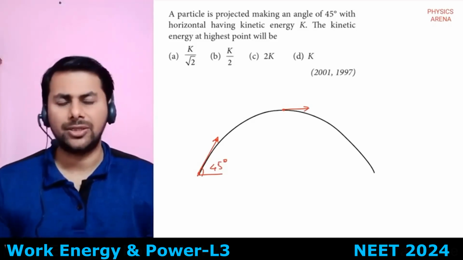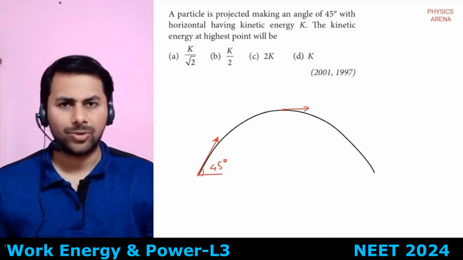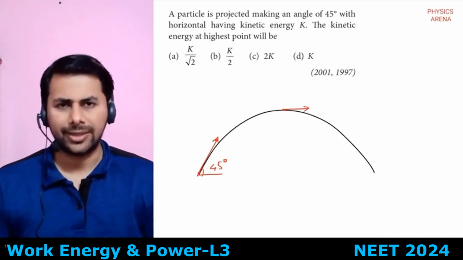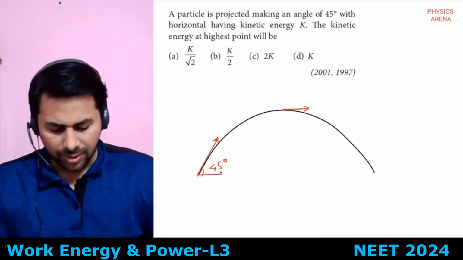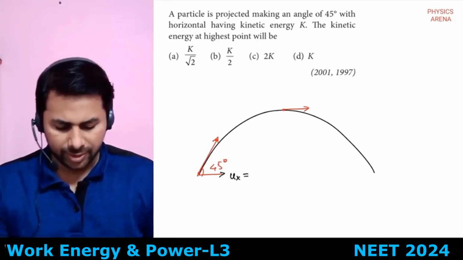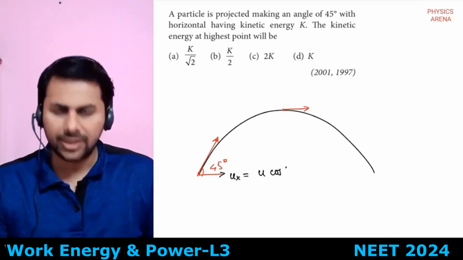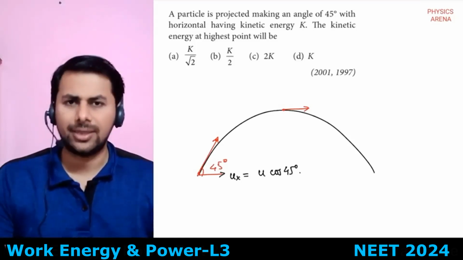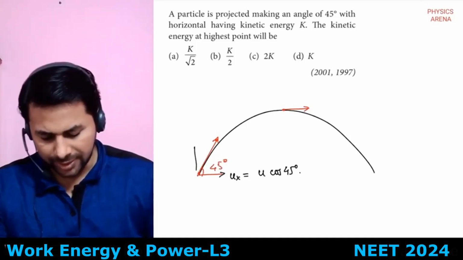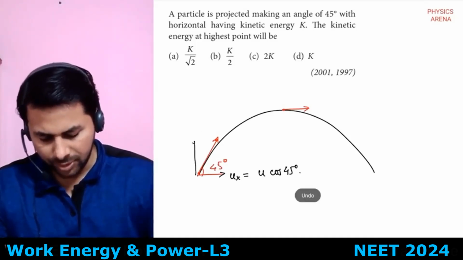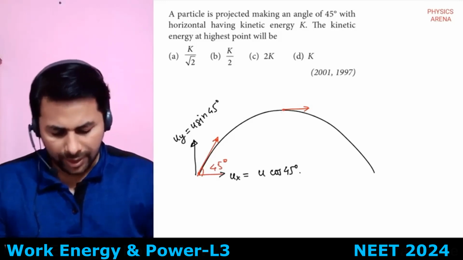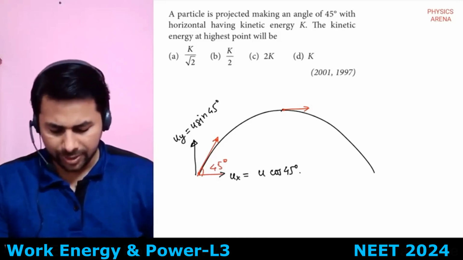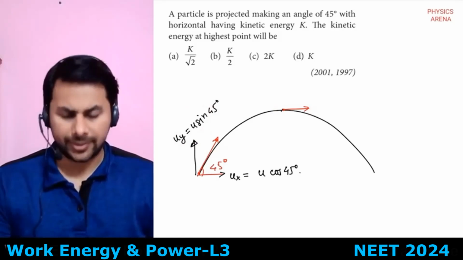So what happens at the highest point? There is no y component of velocity and the x component of velocity remains constant, right? So how much is ux? ux is u cos of theta, that is u cos of 45 degrees. uy is also u sine of 45 degrees, right? At the highest point, there is no uy, there is only ux.